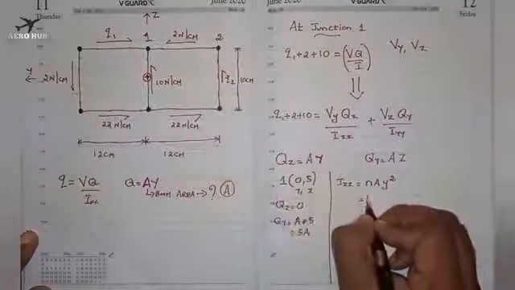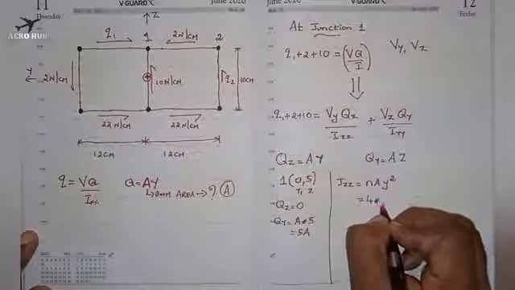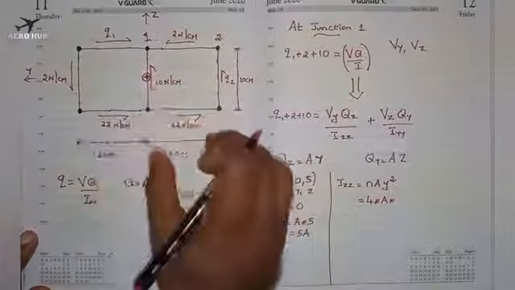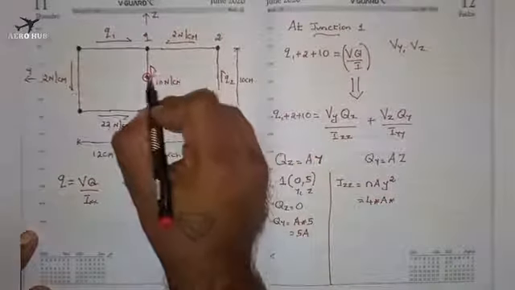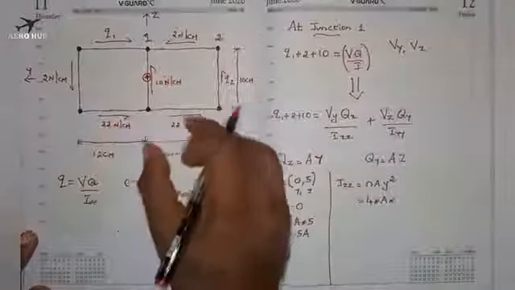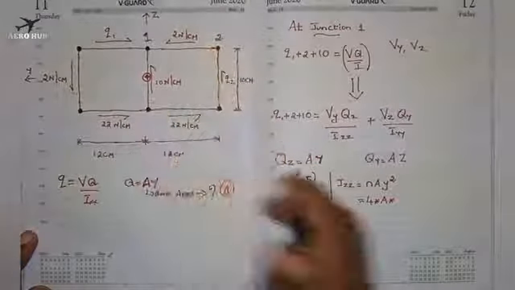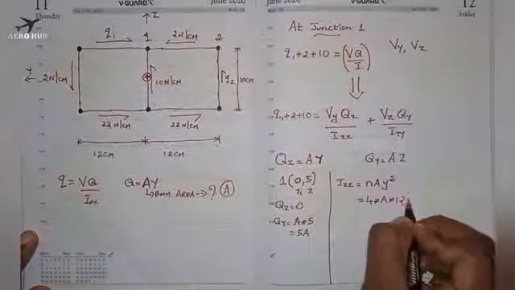So it will be 4 into A, and the value of y is 12 centimeter from the centroid to the exact corner of the beam, so 12 square.